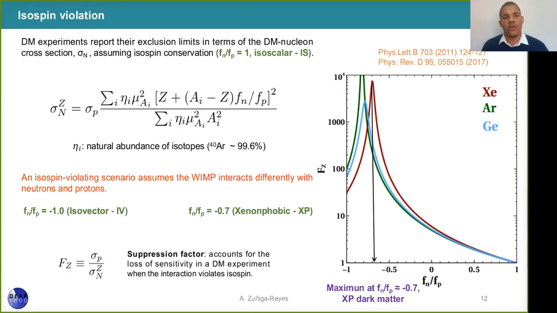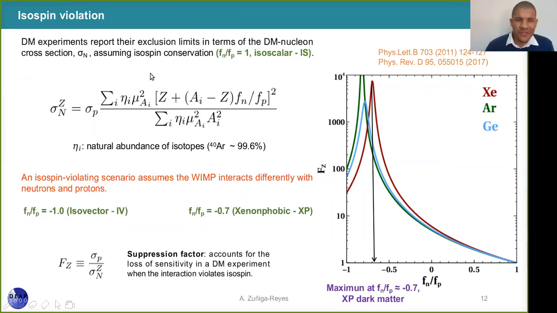For isospin violation, it is common that experiments show the results in terms of the dark matter nucleon cross-section, sigma n, and they assume isospin conservation. This means that the coupling to proton is equal to the coupling to neutron. This is also known as the isoscalar interaction. And I include here the mathematical expression for sigma n.